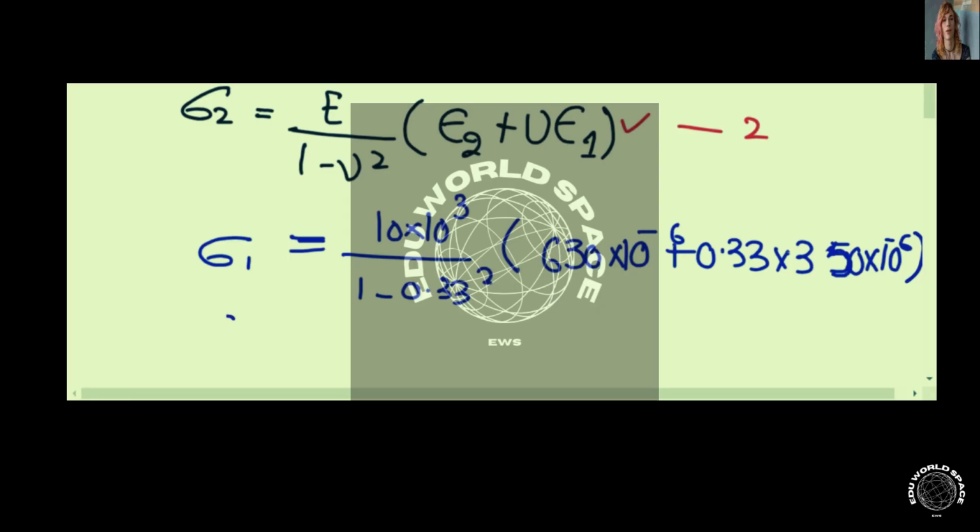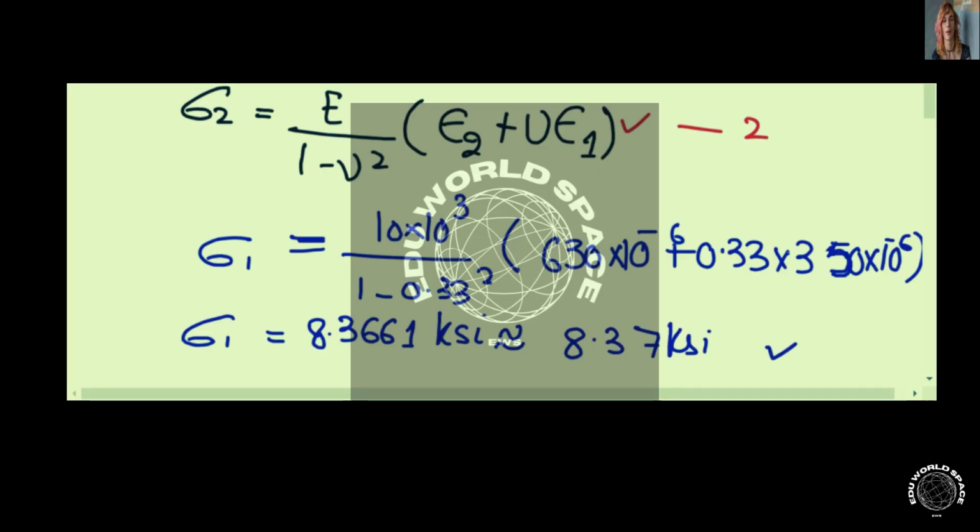So this is equal to 8.3661 ksi, that is approximately equal to 8.37 ksi. This is the solution for part 1.